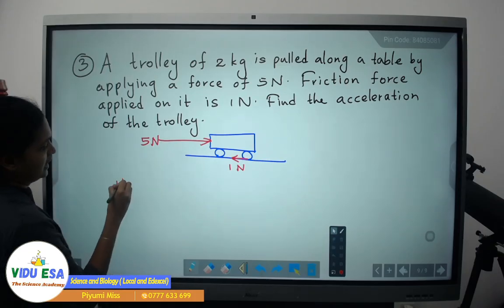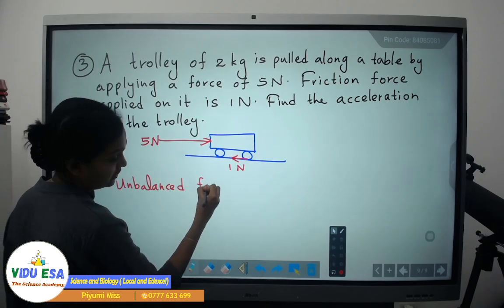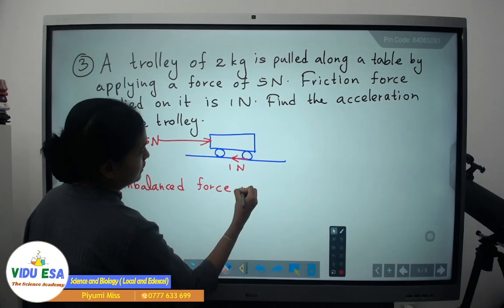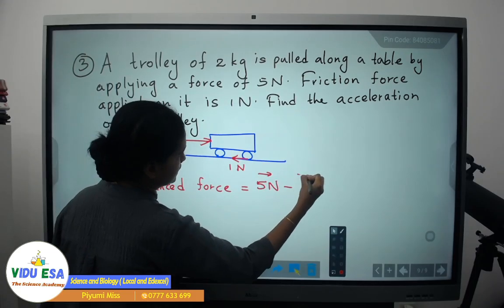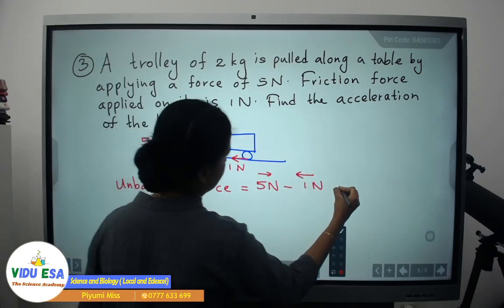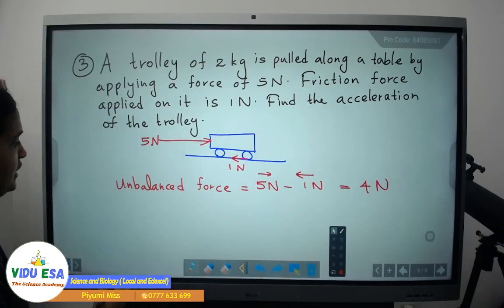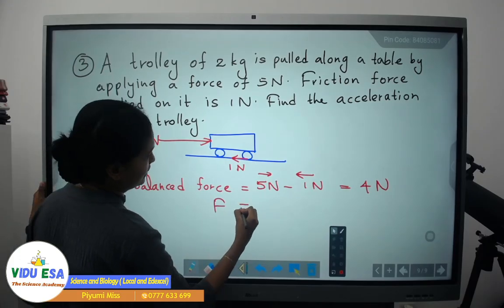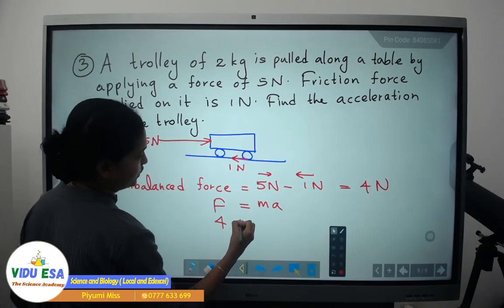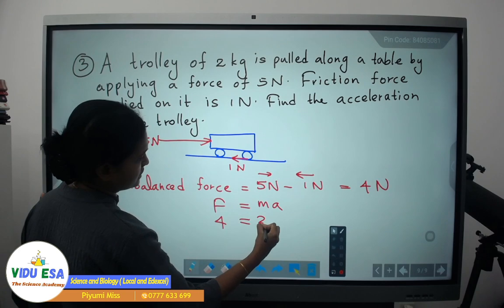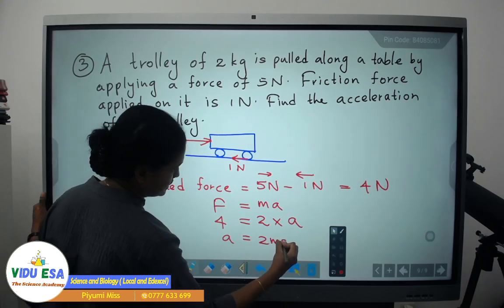Therefore, the unbalanced force acting on the trolley is 5 Newton this way and 1 Newton in the opposite direction, right? Therefore, the unbalanced force is 4 Newtons. Then you substitute into the equation F equals ma. Force is 4 Newtons, mass is given as 2 kilograms into a. Therefore, a equals 2 m s minus 2.